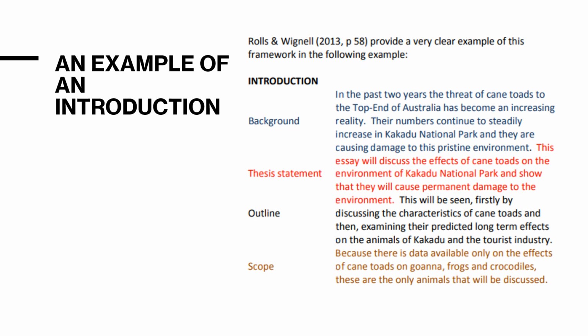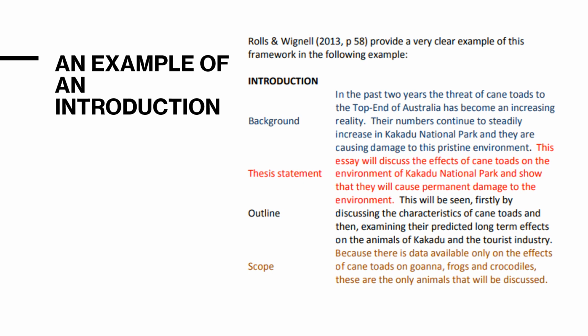And then the outline: this will be seen firstly by discussing the characteristics of cane toads and then examining their predicted long-term effects on the animals of Kakadu and the tourist industry. And that's the outline. And the scope: because there is data available only on the effects of cane toads on goanna, frogs, and crocodiles, these are the only animals that will be discussed.